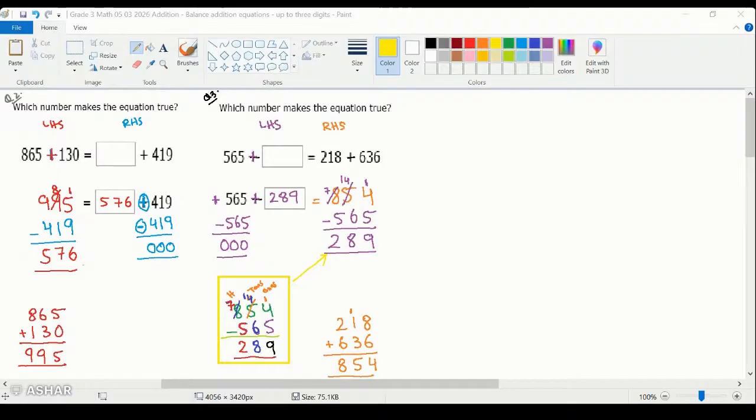For the next question, it says, which number makes the equation true? This is question number 4.